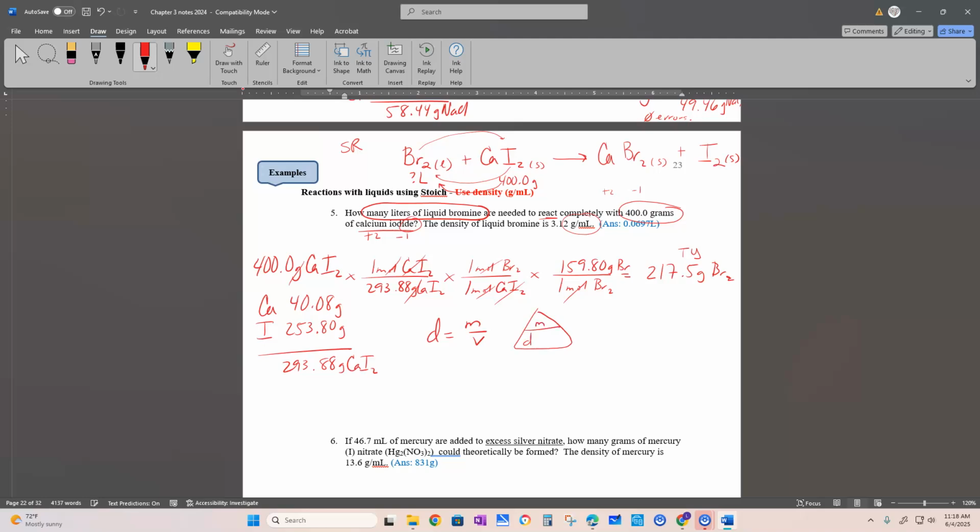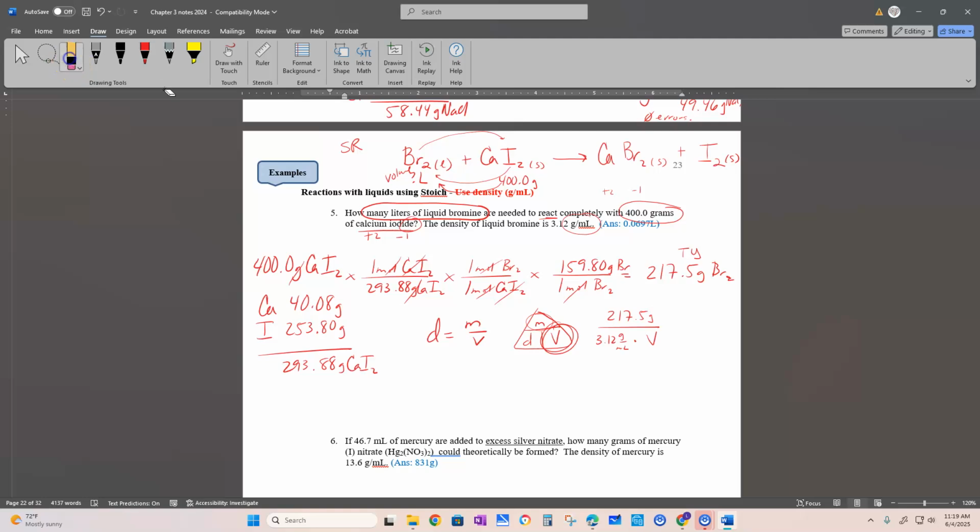DMV. I have mass of bromine. So I have this guy. I have the 217.5 grams. And I told you the density of liquid bromine is 3.12 grams per mils. I want liters. Well, that's volume. I want this guy.